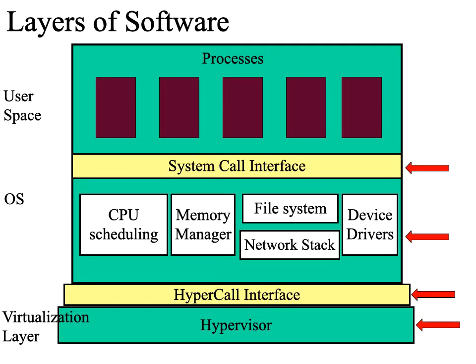So here's another view of the various layers of software that we have discussed so far. We have talked about processes that are normal user level programs. And then we talked about the operating system, which consists of various software components for performing I/O, for doing multiplexing and for protection.